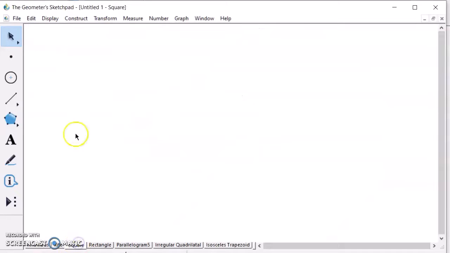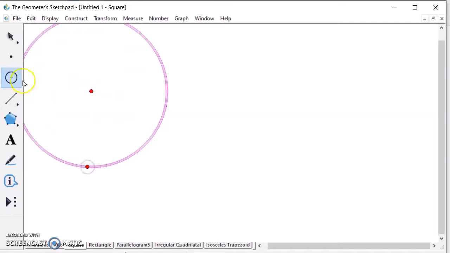So the next one on our list was a square. I'm going to go back to the circle for this because I know that a square is a parallelogram. That is a rectangle, so it has a right angle, but it's also a kite in which consecutive sides are congruent.